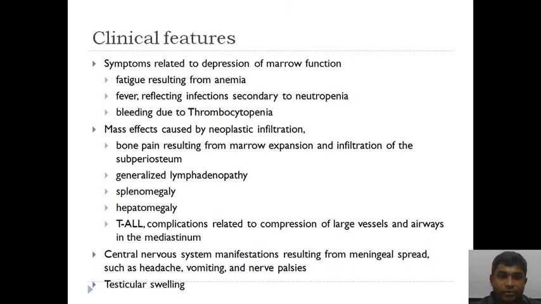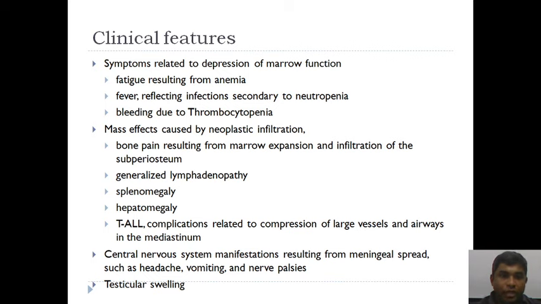There is reduction of megakaryocytes in the bone marrow because of proliferation of blasts. This leads to reduced production of platelets, so thrombocytopenia. This results in bleeding. So the patient can present with one or two or all three symptoms of these cytopenias: fatigue, fever, and/or bleeding.